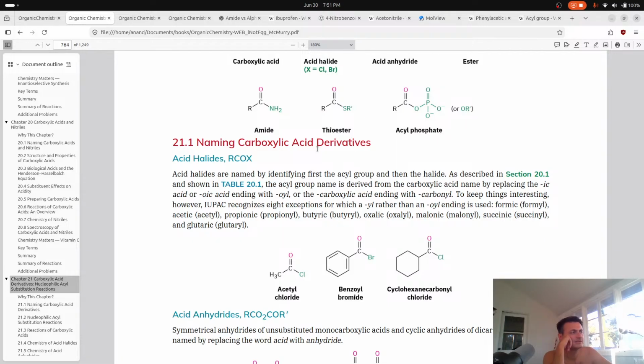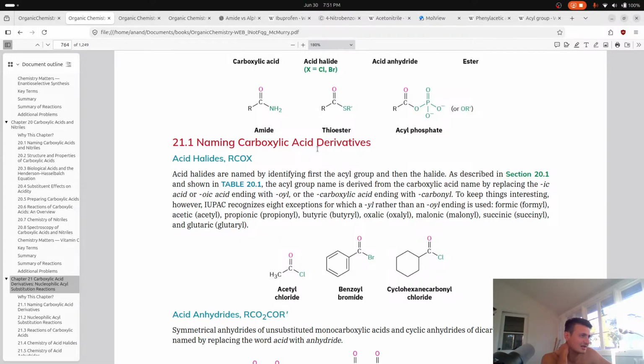To keep things interesting, however, IUPAC recognizes eight exceptions for which an -yl rather than an -oyl is used. Formic, acetic, so formyl, acetyl. Propionic?